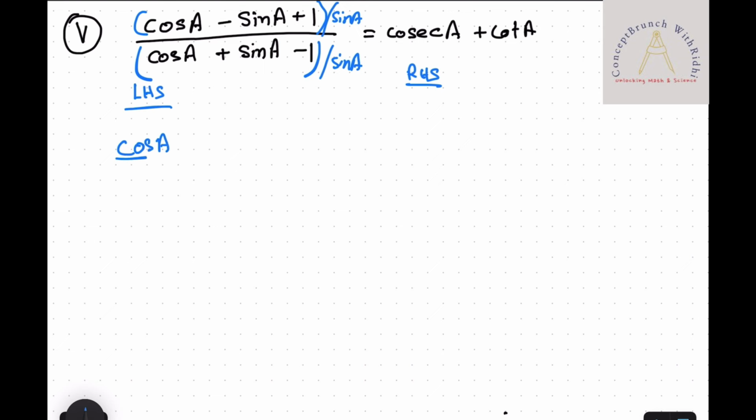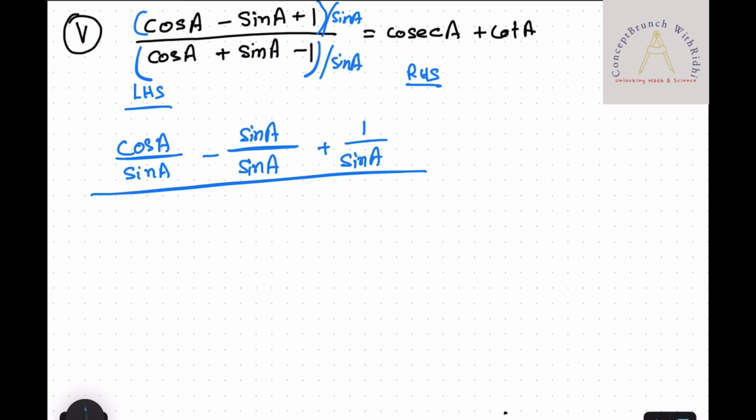So what is going to be? Cos a divide with sin a minus sin a divide with sin a plus 1 divide with sin a. This was the numerator. Now denominator. Cos a divide with sin a plus sin a divide with sin a minus 1 over sin a, right?